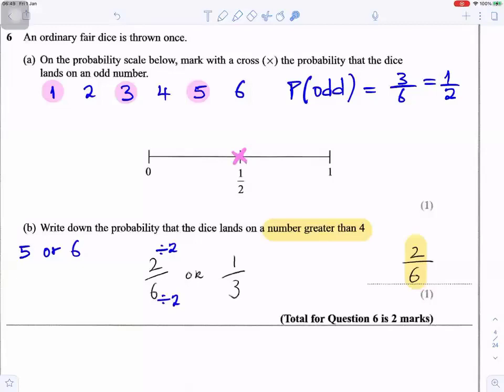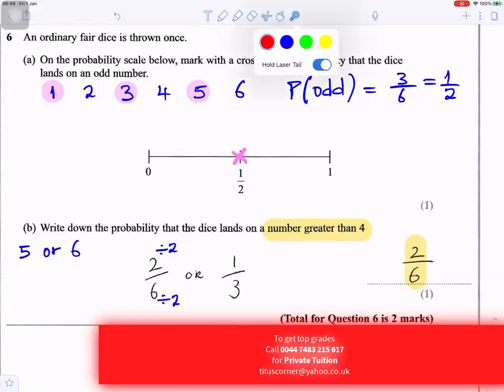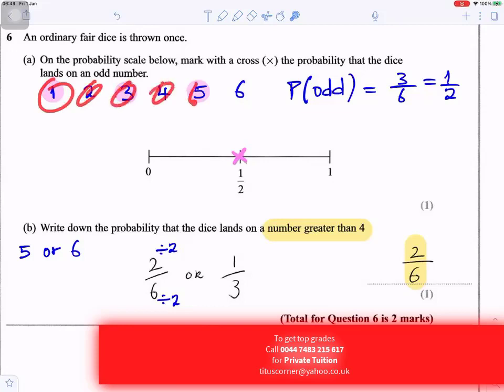Question number 6. An ordinary fair dice is thrown once. On the probability scale, mark with a cross the probability that the dice lands on an odd number. An ordinary fair dice has 6 numbers on it: 1, 2, 3, 4, 5, 6.